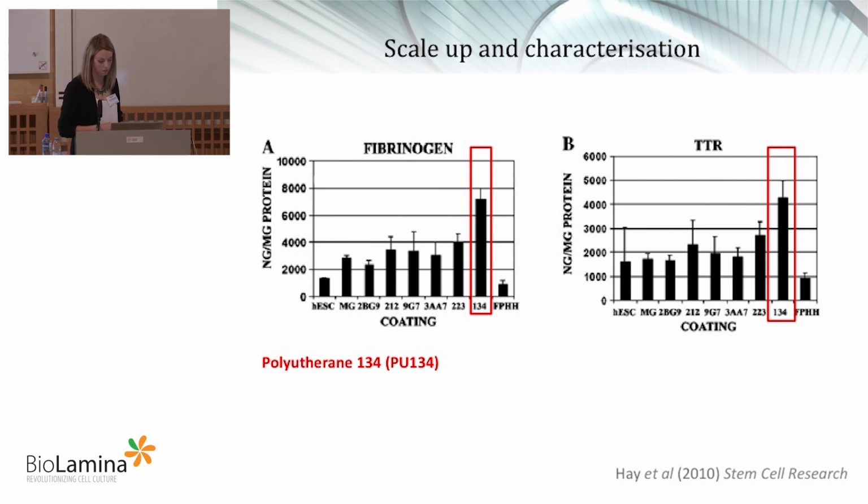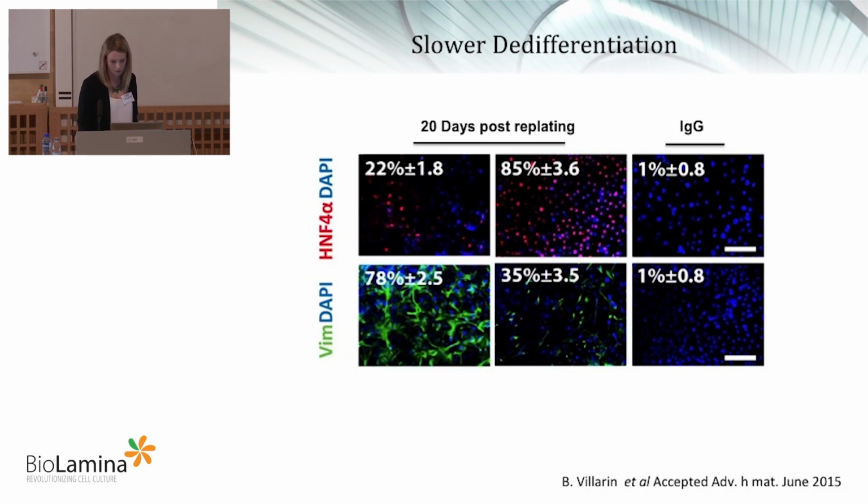And our hit polymer was polyurethane 134, which drastically improved the cell function. We also saw that on this polymer, 20 days post-replating, the cells expressed much lower levels of the dedifferentiation marker vimentin, and that HNF4 alpha, a key transcription factor, was maintained.